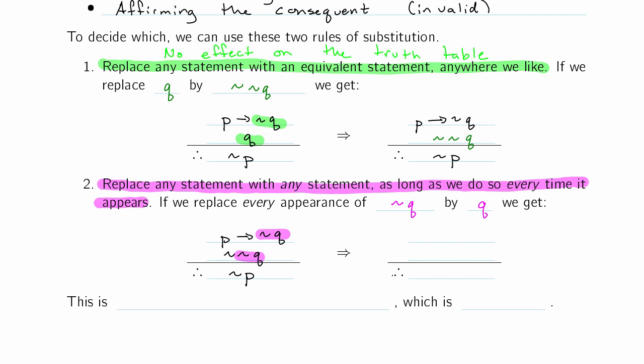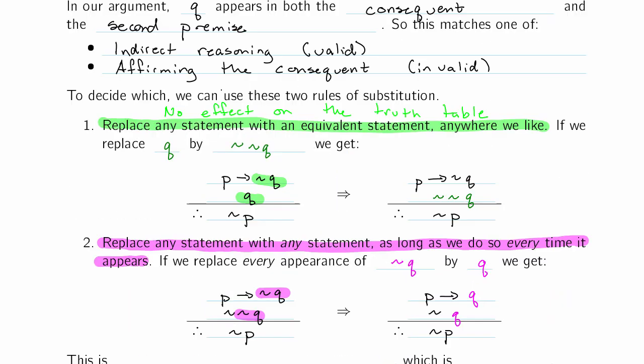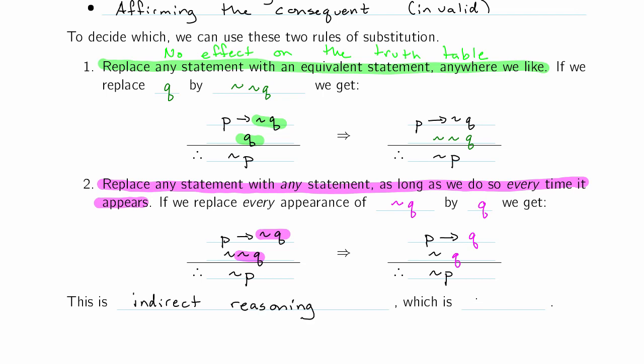So, replacing the first occurrence of not Q, we'll get if P, then just Q by itself. Replacing the second occurrence of not Q, we'll get not not Q, just Q by itself. And then we're not doing anything to this final not P. Okay, after all that manipulation, we look back at the list, we see that this is the one we ended up with. Our argument ends up matching indirect reasoning, and indirect reasoning is a valid argument type.